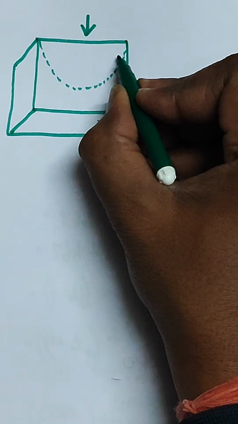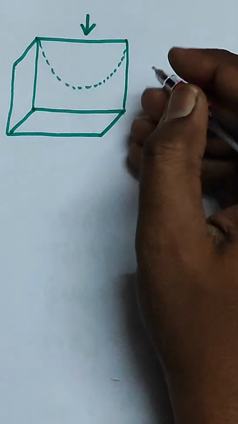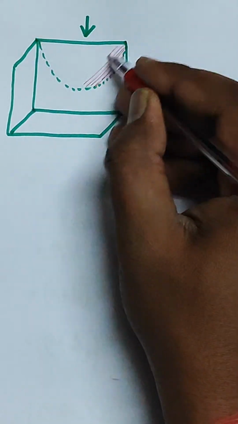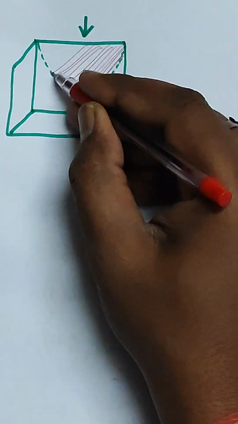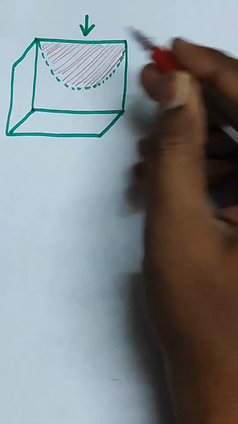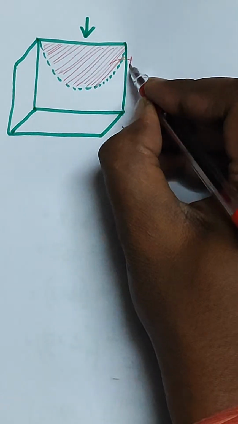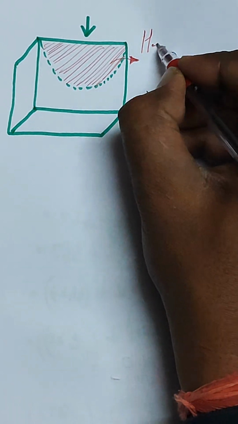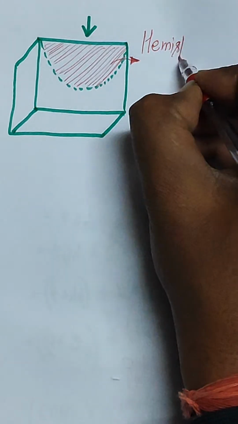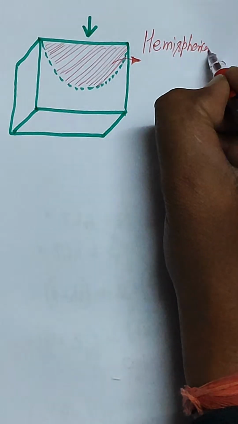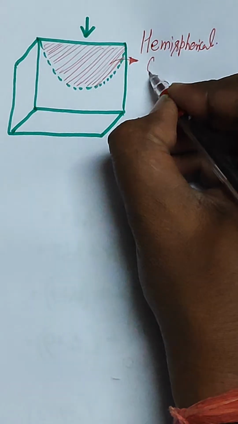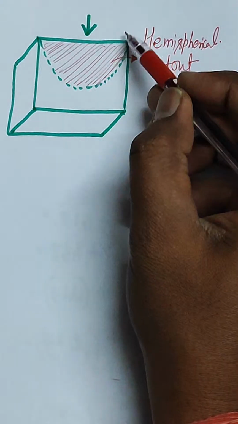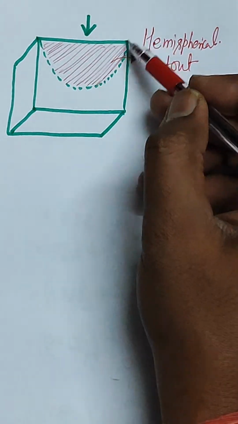One is the hemispherical cutout, this portion I am showing. That means this is a cubical block from which a hemispherical shape of object is extracted.